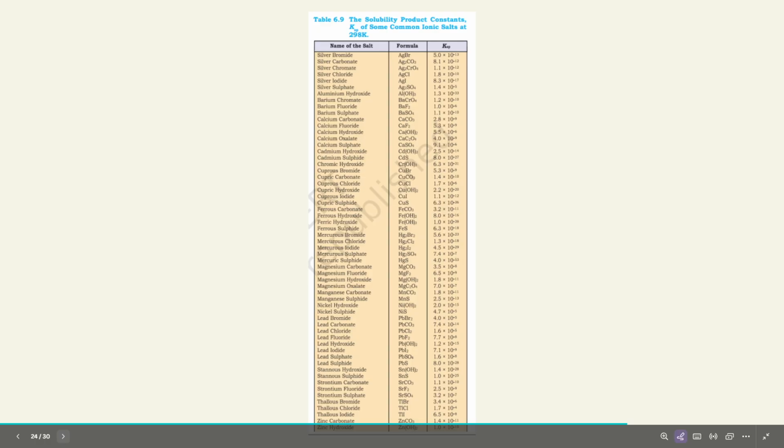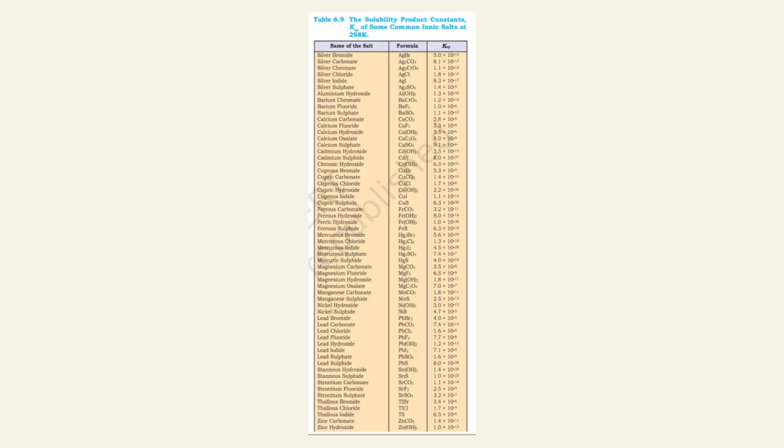Now, the last thing you have in your textbooks for this topic is the solubility product constant of various salts. There was one thing I wanted to mention. The solubility product constant identifies the degree to which the salt dissociates in water.